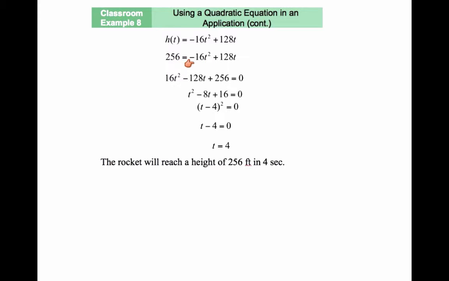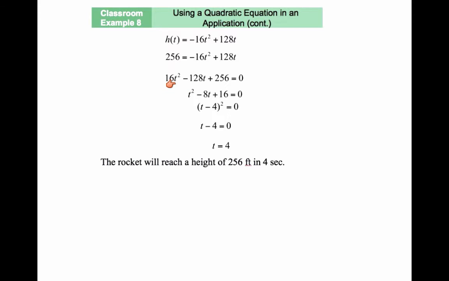To get into standard form, we can subtract 256 from both sides of the equation and move everything to the right, or we can add 16t squared and subtract 128t from both sides of the equation and get everything to one side. It's better to move everything to the left here, so you get a positive coefficient for t squared, and let it equal 0.